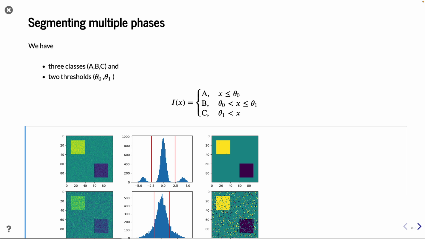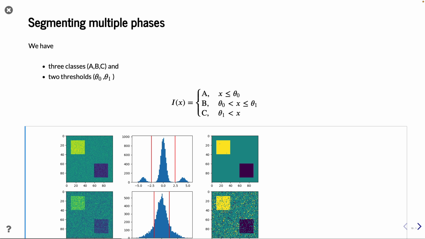What you can also do is not only segment a single phase. Right now we have only said it's background or foreground, but of course in many natural materials we have multiple phases, and this is the first approach towards it.